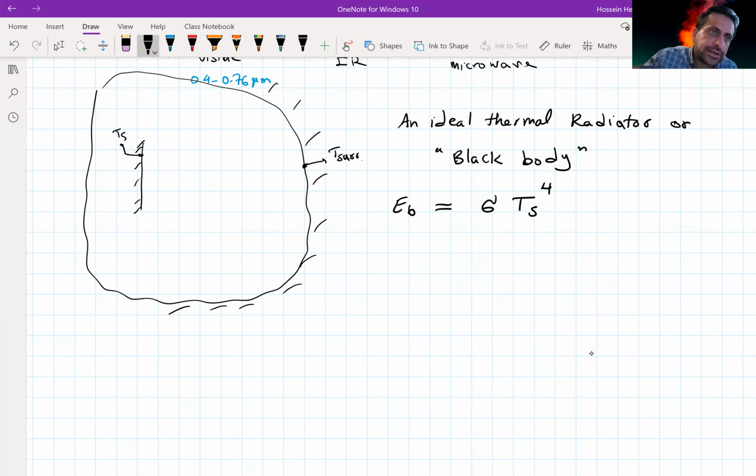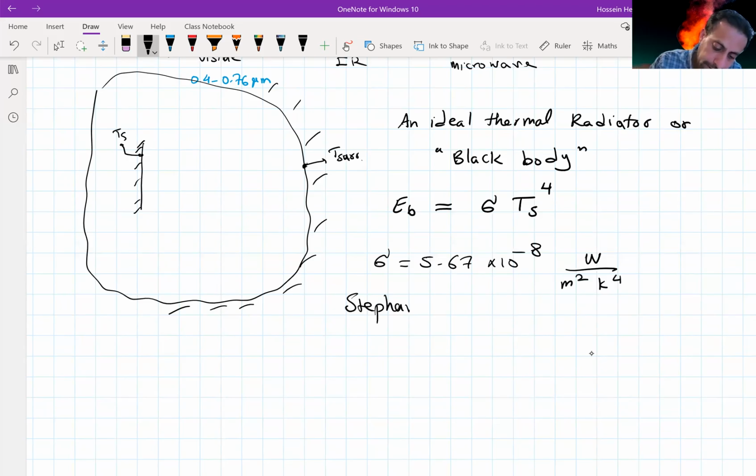Now, sigma is 5.67 times 10 to the power minus 8 watt per meter square K to the power of 4, and that's the Stefan Boltzmann constant.